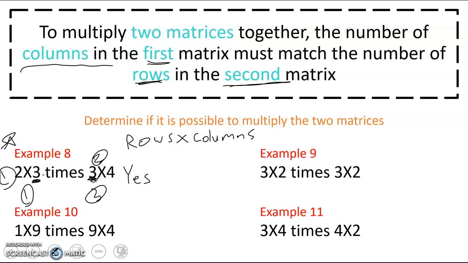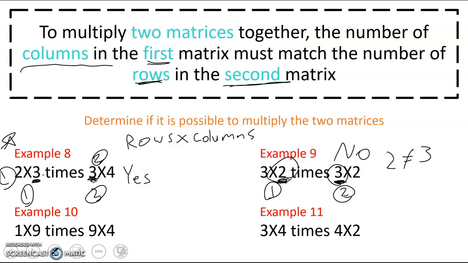Go over to example 9. We have the first matrix here and then the second matrix here. It's a 3 by 2 matrix multiplying by a 3 by 2 matrix. We cannot multiply these out because we have the number of columns in the first matrix, 2, and the number of rows in the second matrix, 3. 2 is not equal to 3, so we cannot multiply those out, and that's where you leave it.